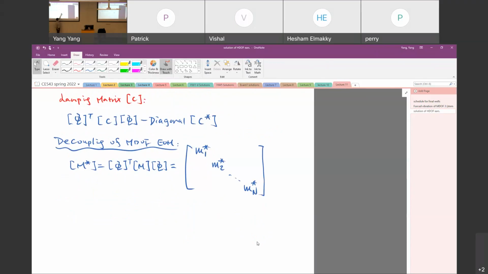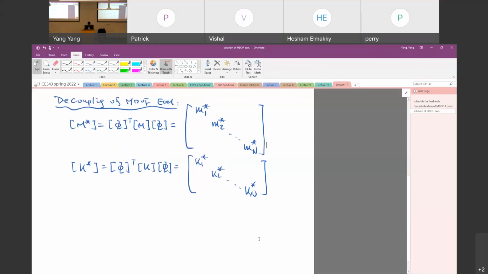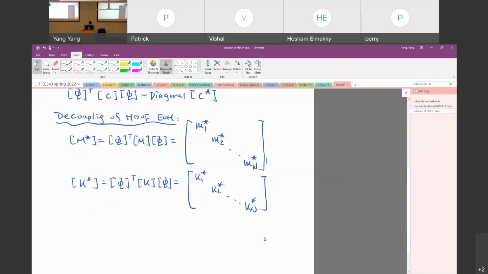All the other elements in the matrix are equal to zero. And similarly, the K is also a diagonal one.